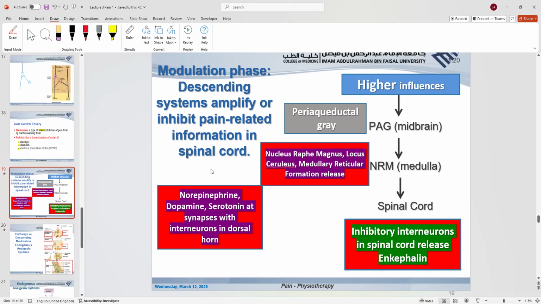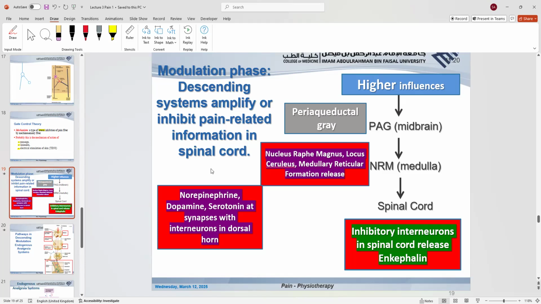the periaqueductal gray matter would further stimulate certain areas in the medulla, such as nucleus raphe magnus, locus coeruleus, and medullary reticular formation.